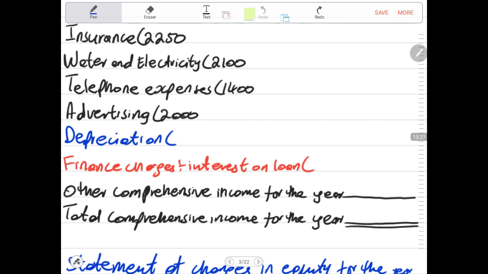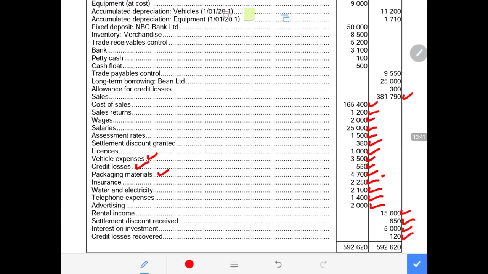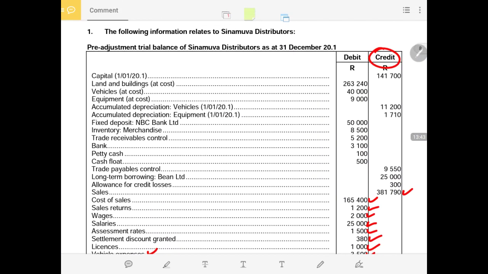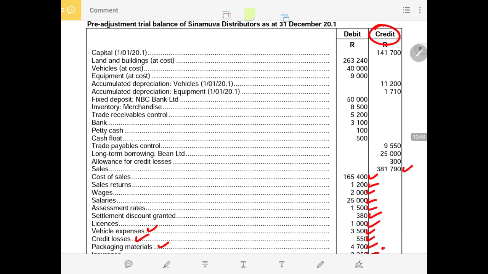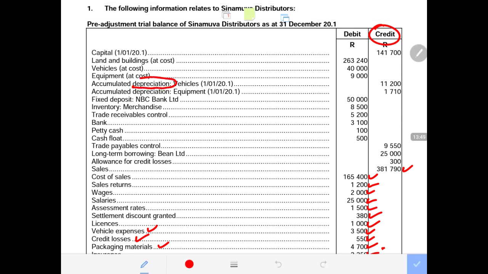Then another expense that you must make provision for, which is normally not in the trial balance, is an expense called depreciation. I just want to highlight that the depreciation, because we do have accumulated depreciation, meaning we do have a vehicle, we do have equipment, and these two assets, they do depreciate.